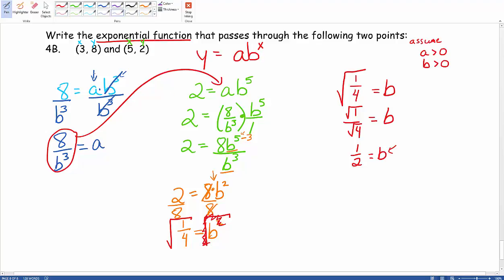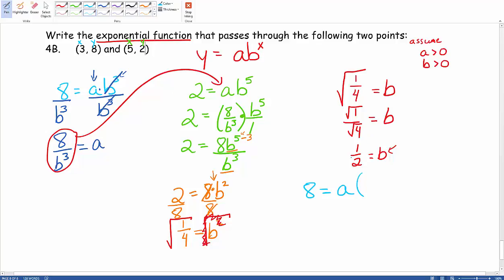Now you can look at the blue function, we can look at the green one. It really doesn't matter. You could even use this orange one. I think what we'll do is just use the original blue one. So looking at that, we have 8 equals our a, which we don't yet know, times our b.